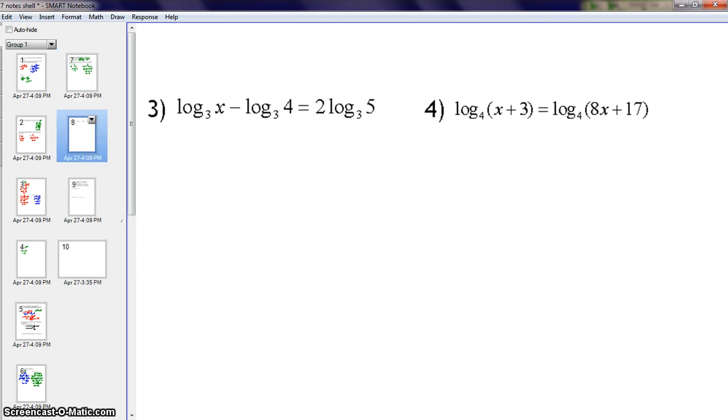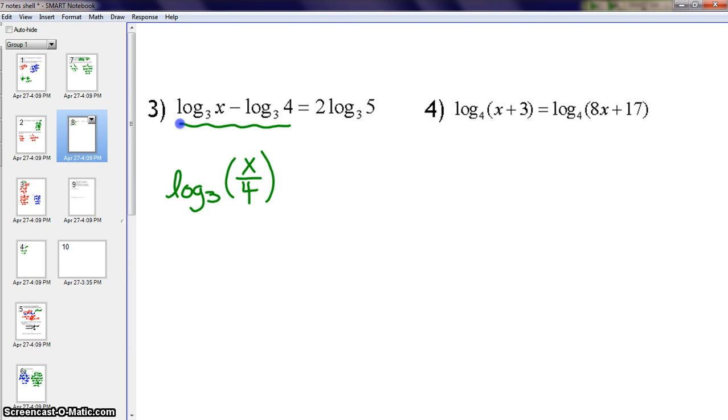All right, here, question 4 is pretty straightforward, but question 3 requires a little bit more work. Can you see why? It's because it's not in the form log of something equals log of something. Here, we could use a property. That property is the division property, right? Division and subtraction, that relationship.